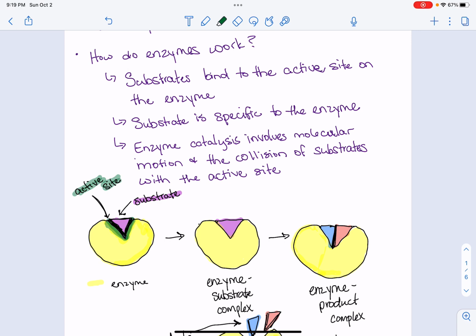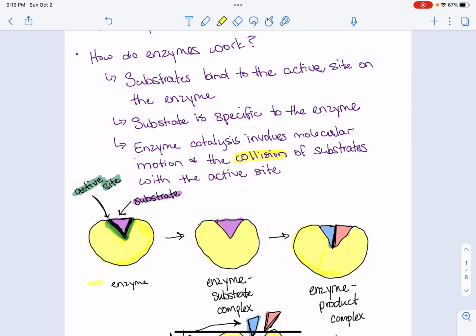It's not a collision that's super crazy. It's not what you think of. They just end up colliding, and the substrate will fit into the enzyme via the enzyme's active site.